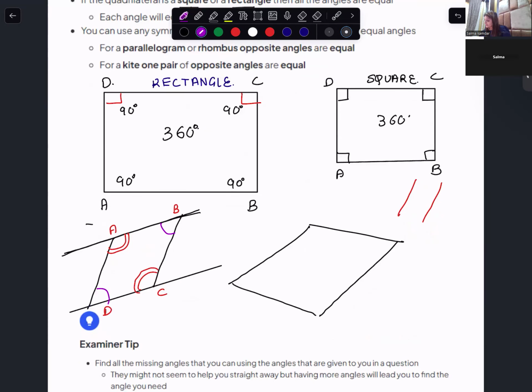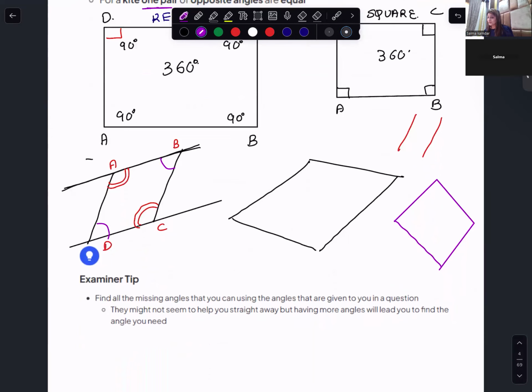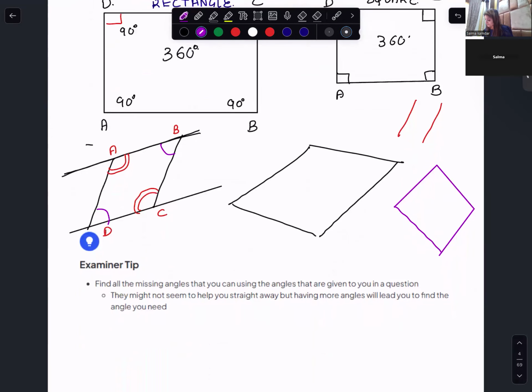Now let's talk about a kite. You know a kite. If you have a kite, only one pair of opposite angles would be equal. So you need to keep this in mind.